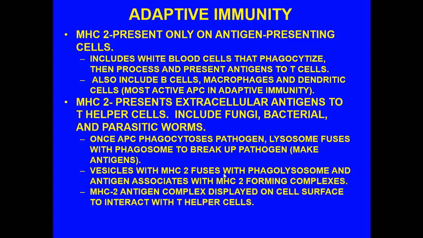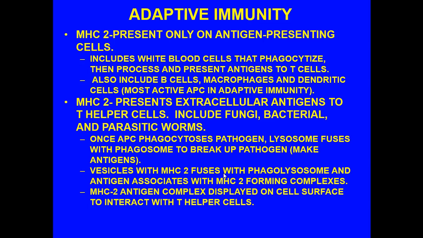Now, these antigens can come from fungi, bacteria, parasitic worms. Once the APC phagocytizes the pathogen, you have basically a phagosome. The lysosome with digestive enzymes comes together and you form the phagolysosome, and the digestive enzymes break down some of the antigens.